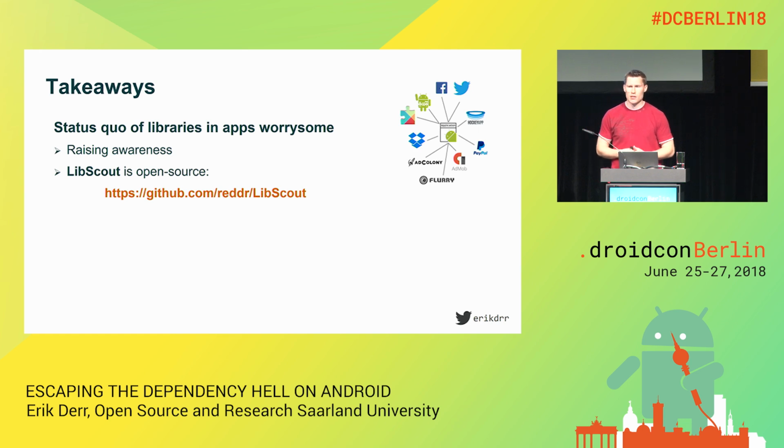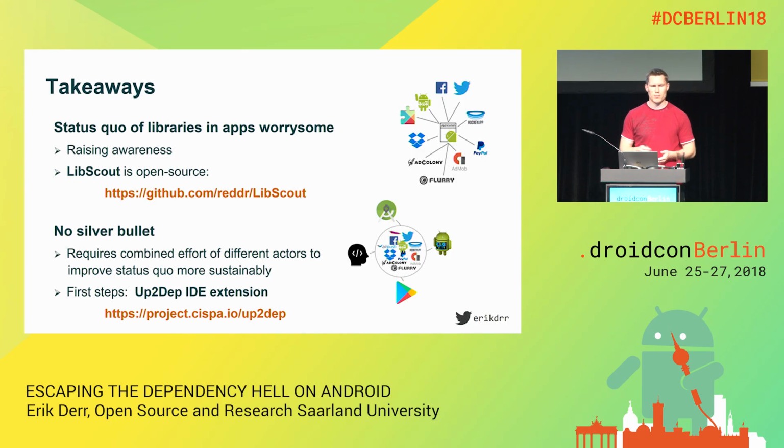All the analysis that you've seen so far, so detecting libraries and the API analysis of libraries, we built a tool that's open source. It's called LibScout. You can find it on GitHub, so you can play around, you can analyze libraries and so on. And then finally, as I said, there's no silver bullet to remedy the situation, so it really needs some combined effort. And we now took the first step in providing an IDE extension for the developers.